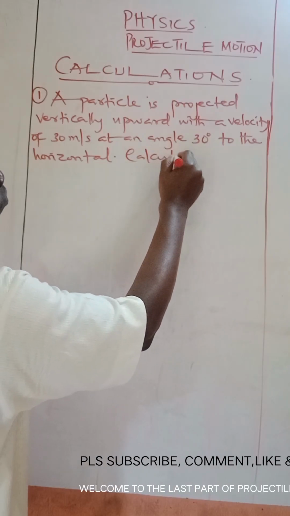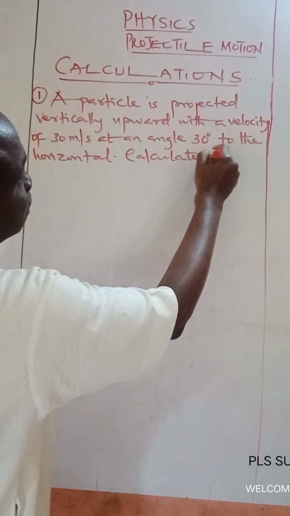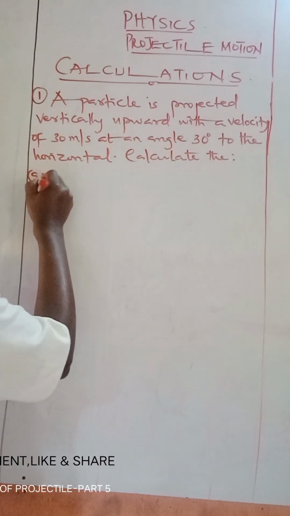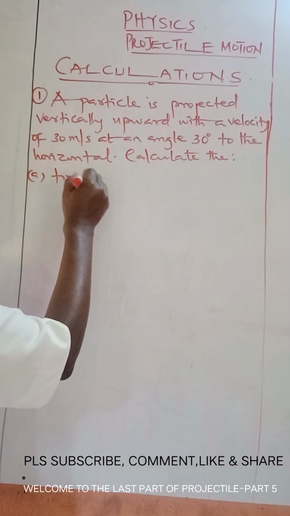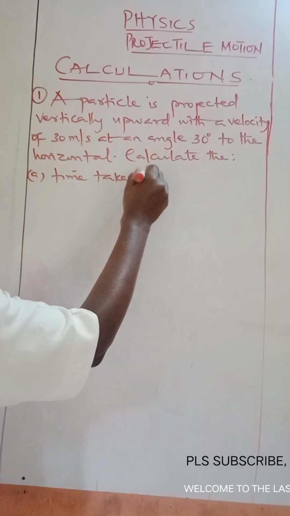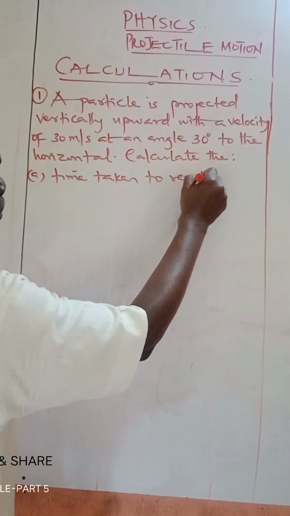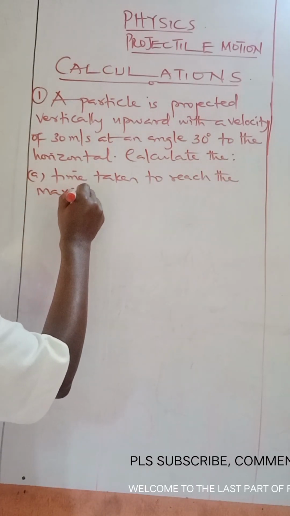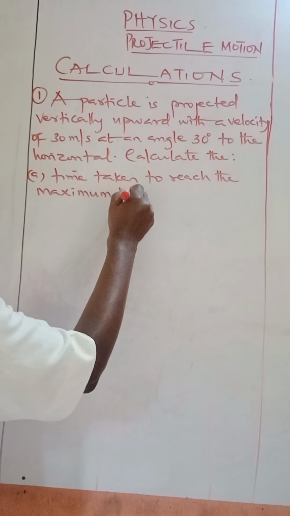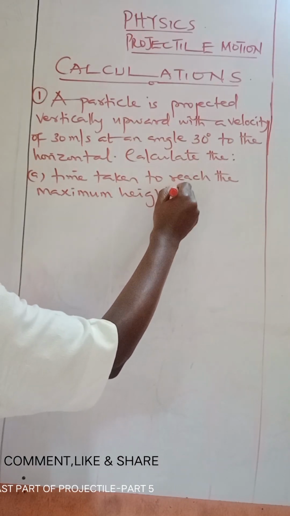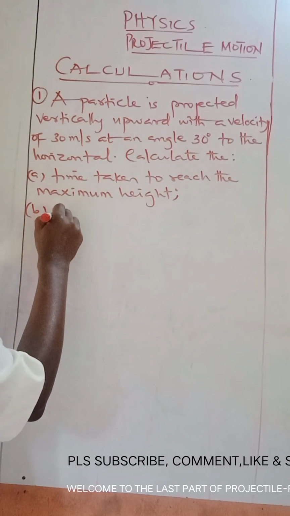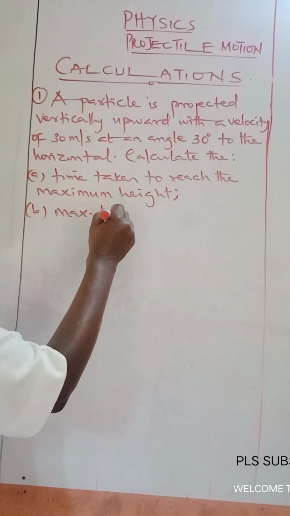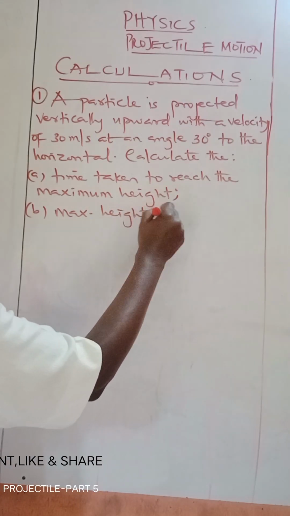Calculate: A, the time taken to reach the maximum height. B, the maximum height attained.